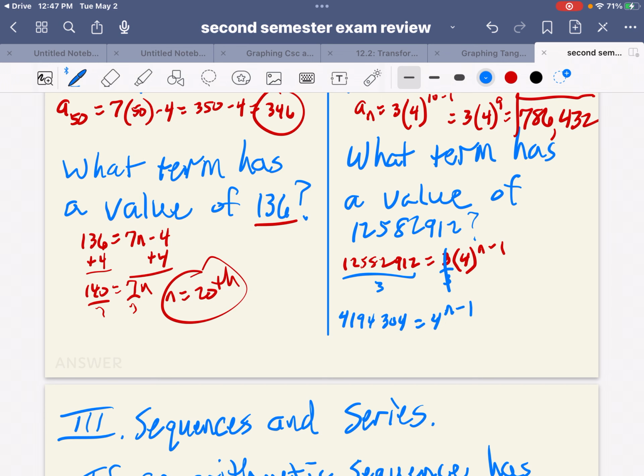Well, now I can change that to log base 4 of 4,194,304 is equal to n minus 1.